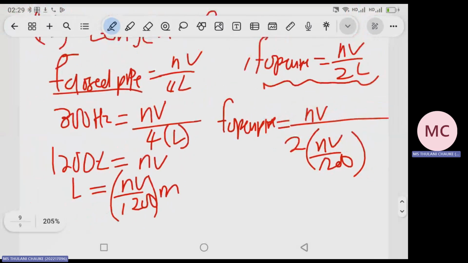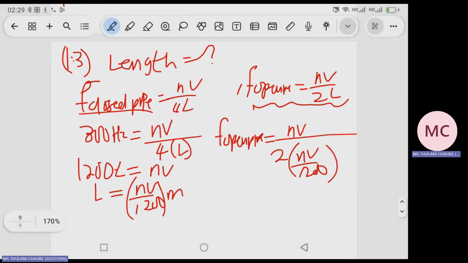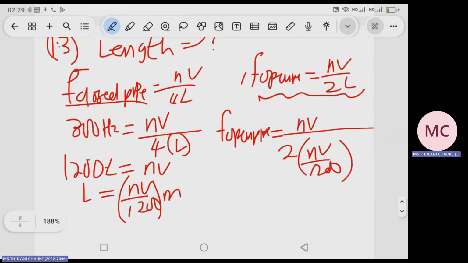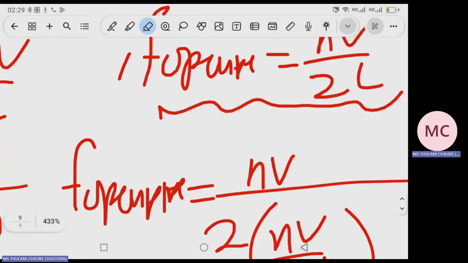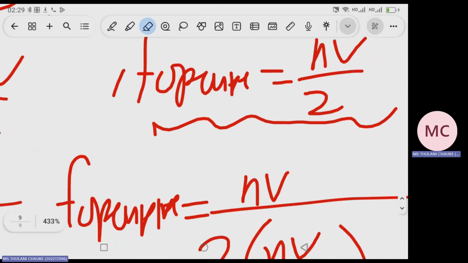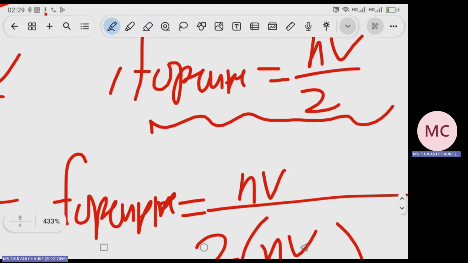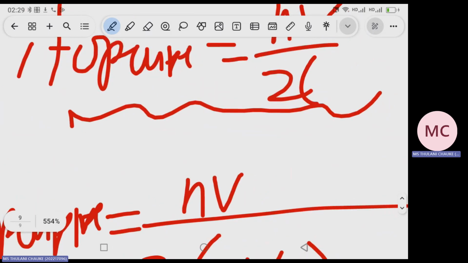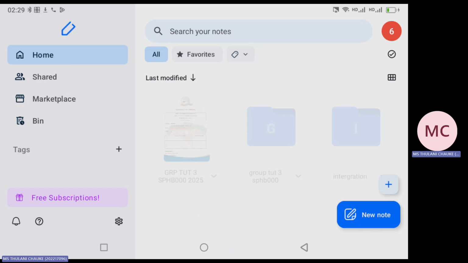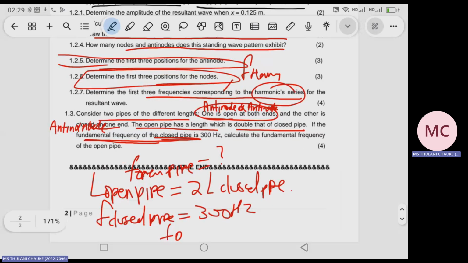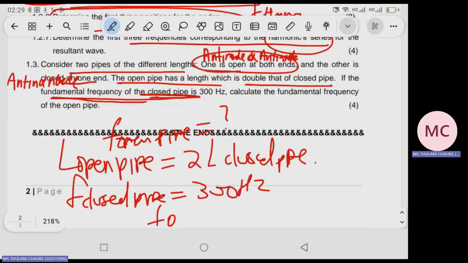And what do we know? Oh, let me correct this part. The length of the open pipe, let me just check the statement again. The length of the open pipe is 2 times the length of the closed pipe.